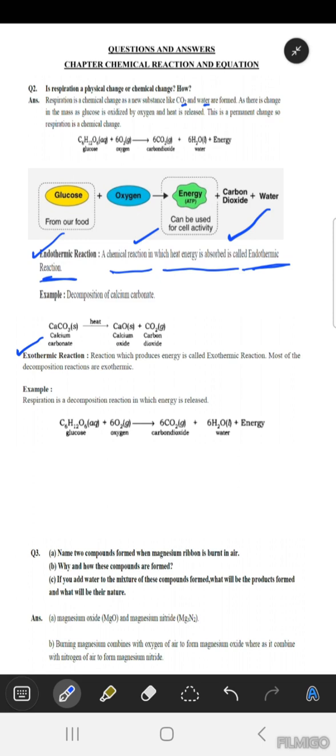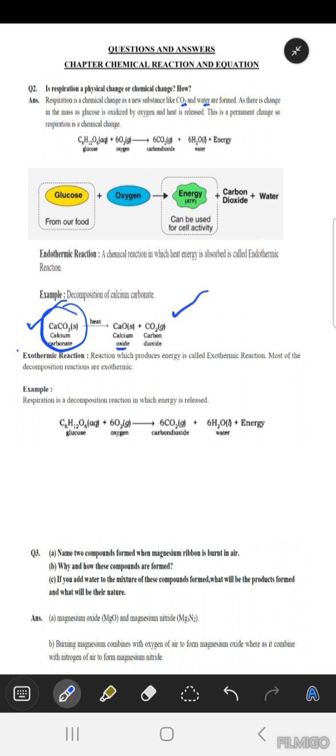For example, when calcium carbonate is heated, what we get is calcium oxide and carbon dioxide. So the calcium carbonate absorbs heat and splits into calcium oxide and carbon dioxide.